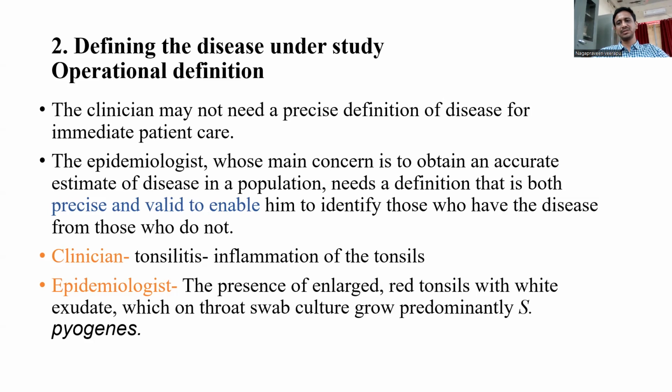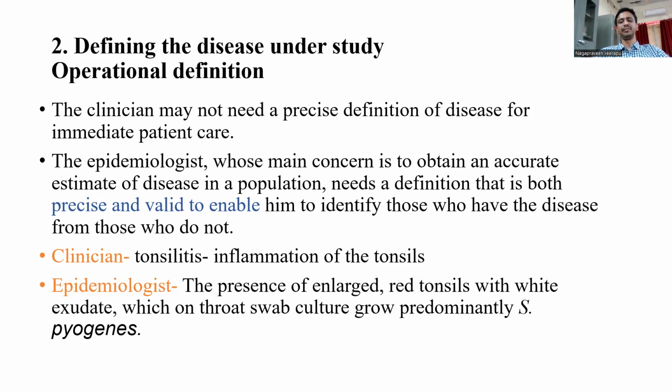He can't change just by saying that there is tonsillitis. As clinicians say, there is inflammation, he starts some medications. It is over for him. His job is over. But the epidemiologist should develop a criteria and follow it. In this, the epidemiologist sees tonsillitis in the presence of enlarged red tonsils with white exudate, which on throat swab culture grows predominantly Streptococcus pyogenes.